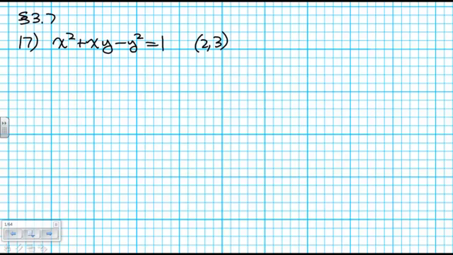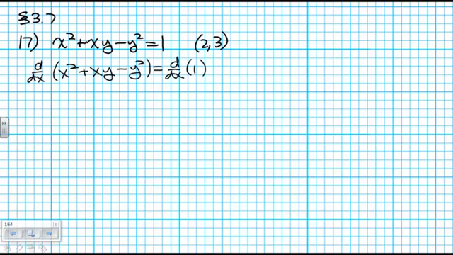Let's take the derivative of both sides of this. Randomly choosing someone from the crowd, help me out with that first derivative, please.